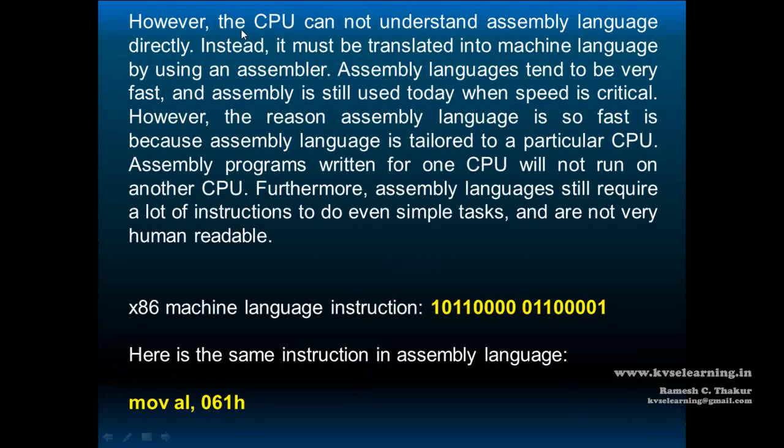However, the CPU cannot understand assembly language directly. The CPU understands only machine language. So the code written in assembly language must be converted into equivalent machine language.